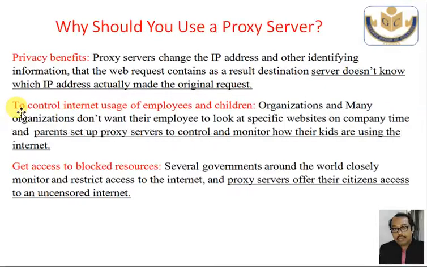Next one is to control internet usage of employees and children. Now in many organizations, the organizations want to monitor their employees, what they are opening and what they are not opening. So they use a firewall to identify some packets that should be passed through that firewall.